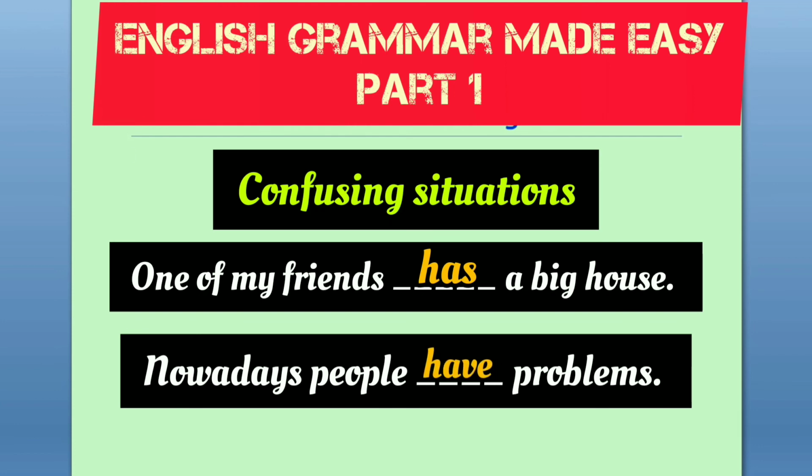Nowadays people have problems. I hope you understood that when you are talking about any one individual, then we use has, that is third person singular number. Any person you're talking about individually, you can use has to talk about that person's possession. I hope it's crystal clear.